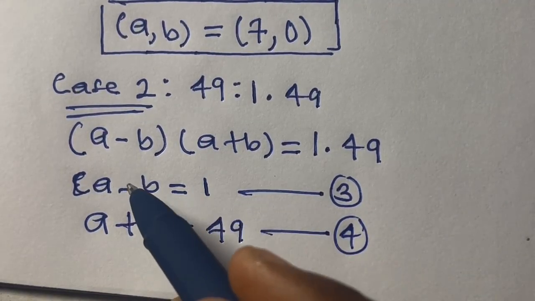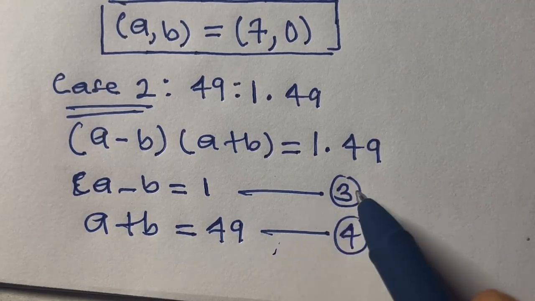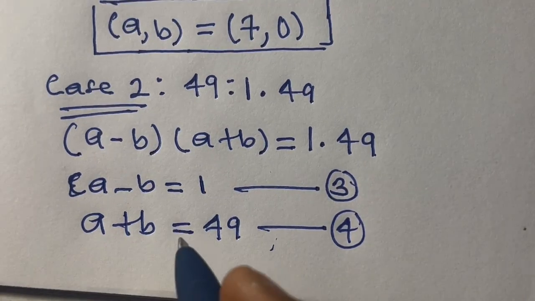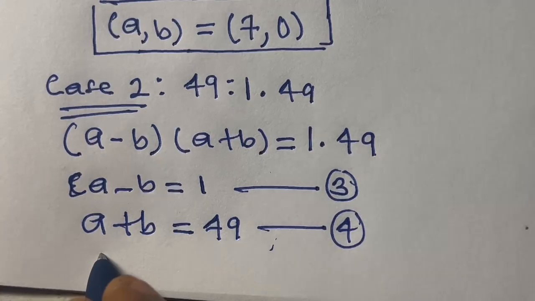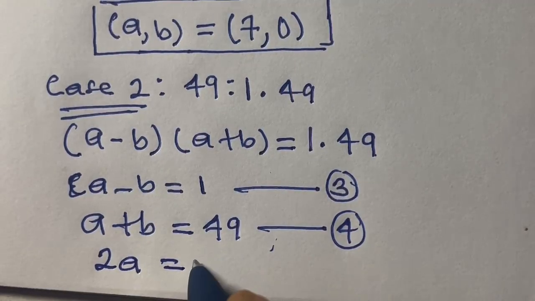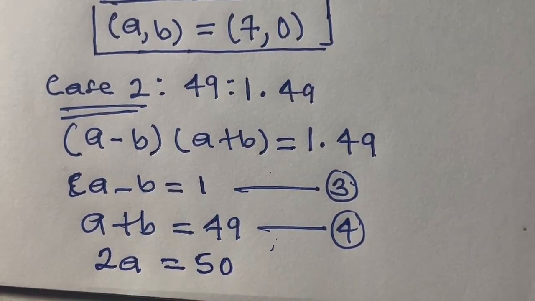To obtain a and b, we can easily add equation 3 and equation 4. We have a plus a, that's 2a, minus b plus b, that's 0. Then we have 1 plus 49, that is 50.